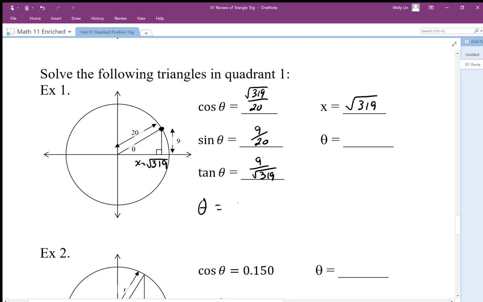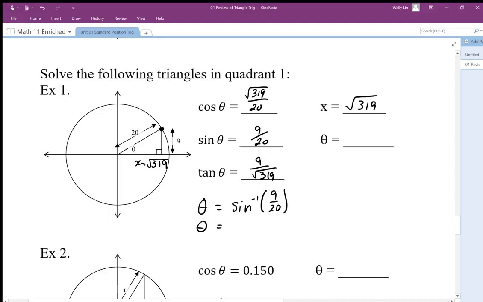So I'm going to say that the inverse sine of 9 over 20, the ratio, is going to give me the output of the angle. My angle works out to be, so 9 over 20 inverse sine is going to give me, let's see here.